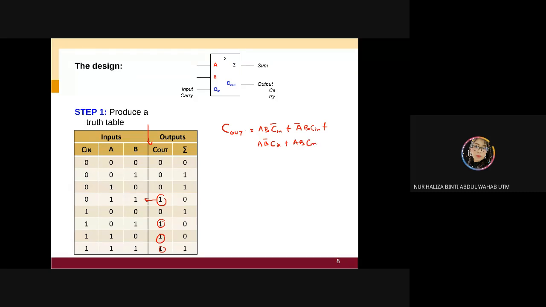So this is my C out in terms of SOP standard. Can I try to simplify? This and this can simplify, I guess. A B C plus C bar. C plus C bar, what happened? It's going to be 1.